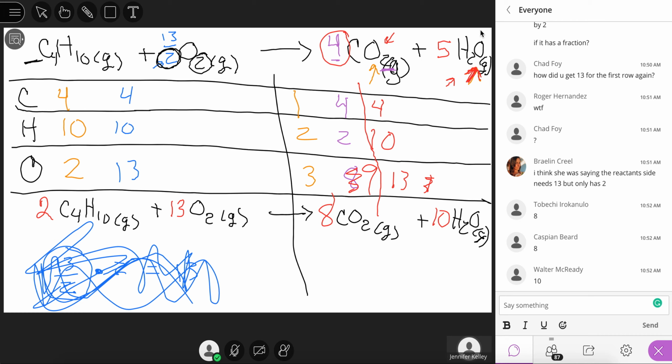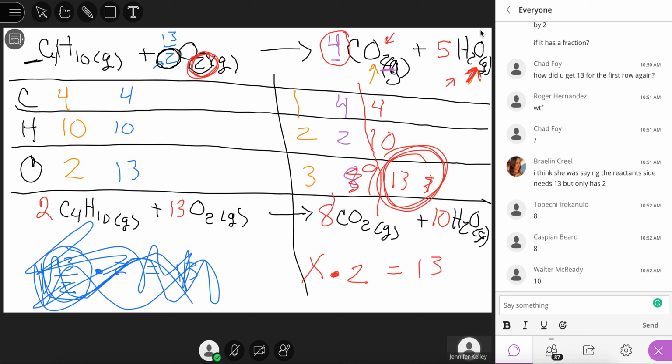That's a good question. So on the right-hand side, I had that we have 13 oxygen on the right. So I needed to make 13 oxygen on the left. And so I'm going to have to multiply something by 2 because that's the subscript there. Something by 2 equals 13. The only thing that would be 13 over 2.